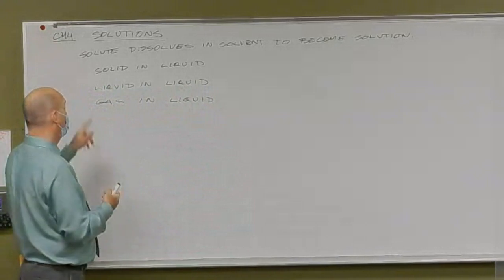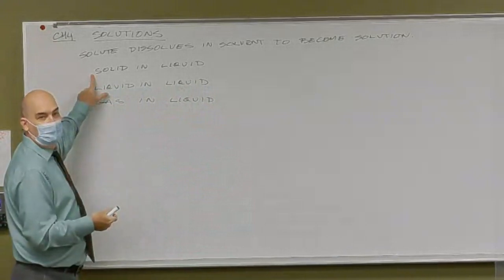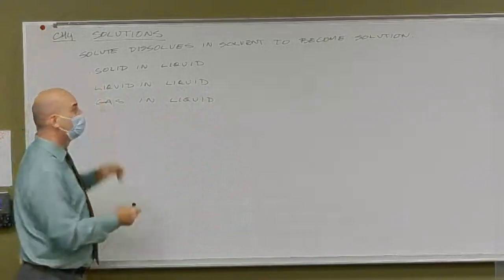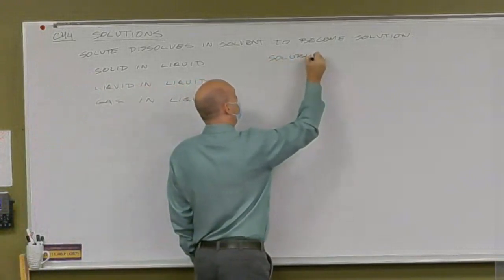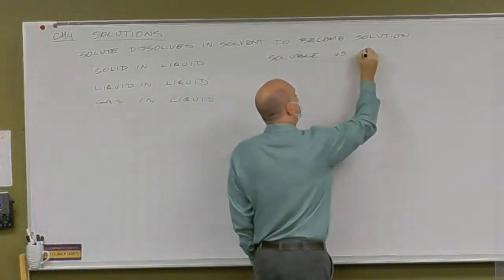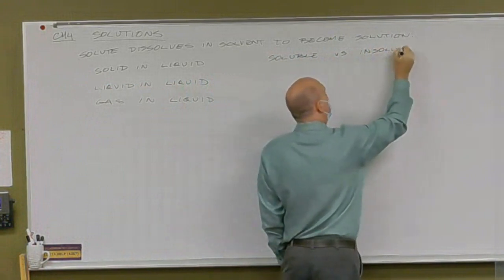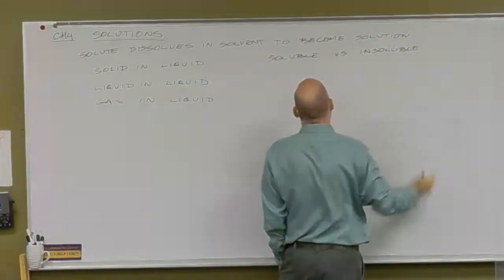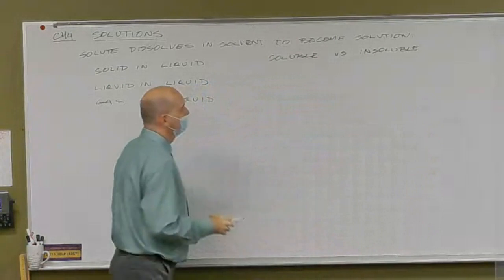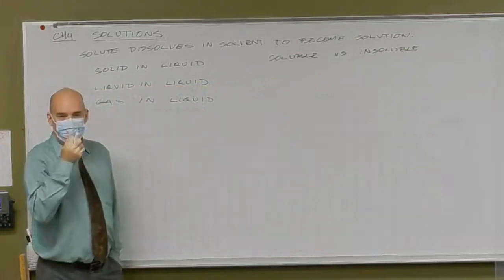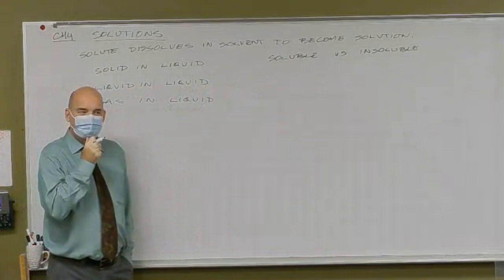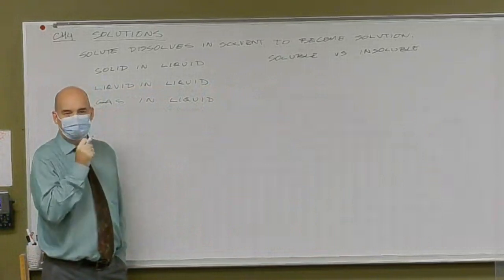So you can have things that will dissolve, which are going to be called soluble. And you're going to have things that will not dissolve, which are called insoluble. Now, for reasons that will not be explained, liquids that dissolve in other liquids are not called soluble.